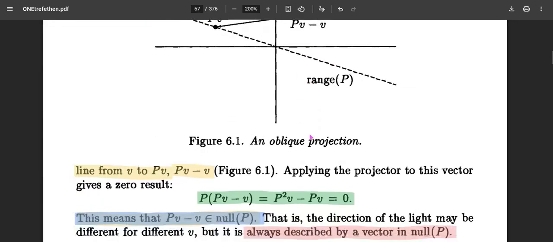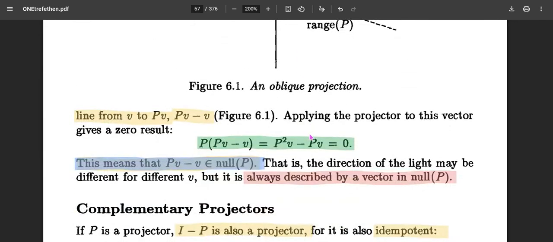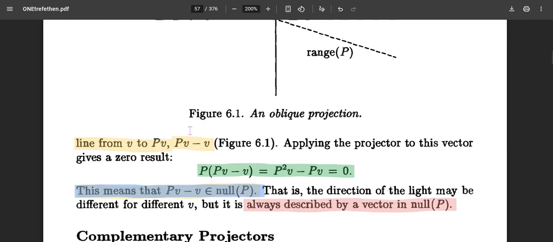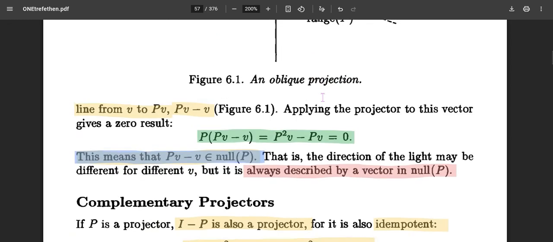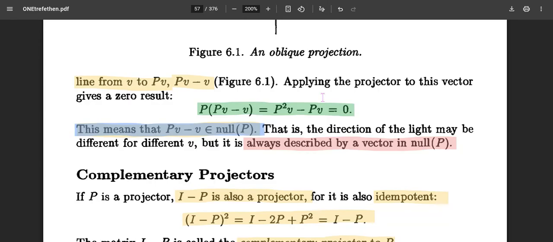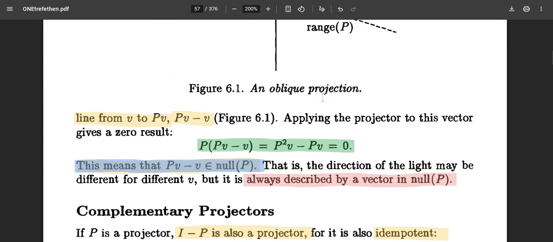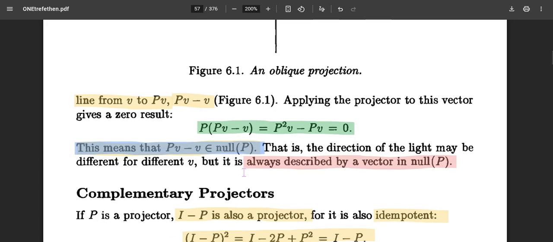Pv is in the range of P, and Pv minus v will be in the null space of P. The two are complementary to each other.